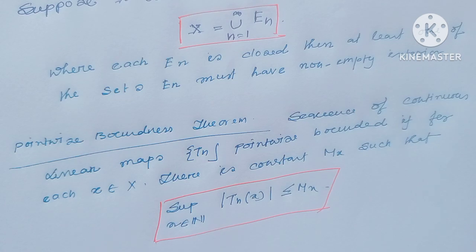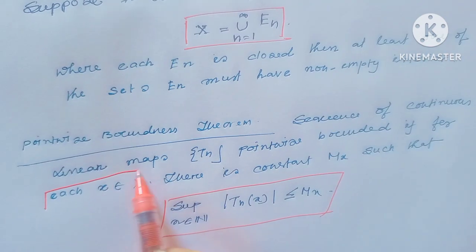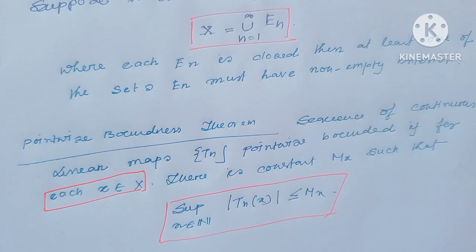This is true for each x belonging to X. If you consider x equal to 2 and n equal to 1, then T1 of 2.